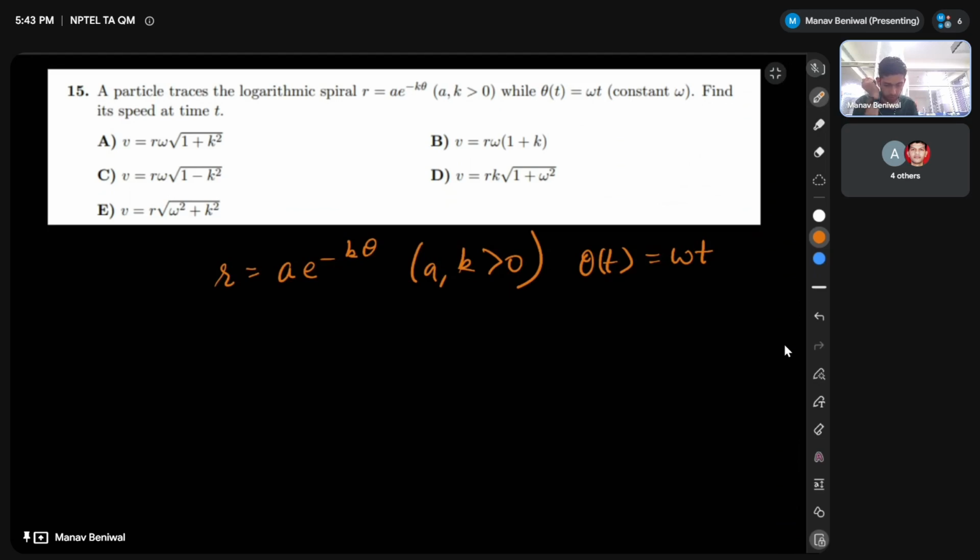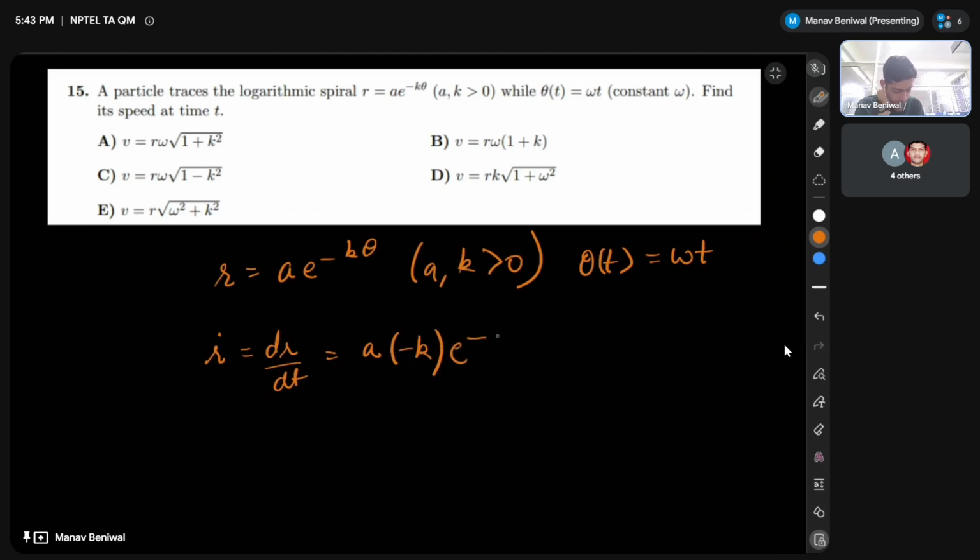So my r dot, which is nothing but dr by dt, will be a times e to the power minus k theta. Okay, so if I take its derivative, minus k will come here, right?